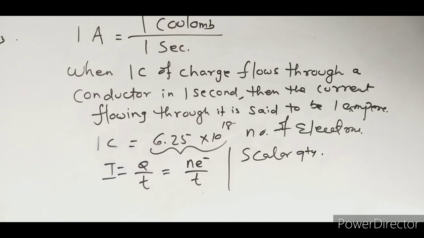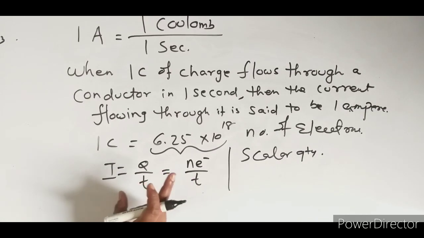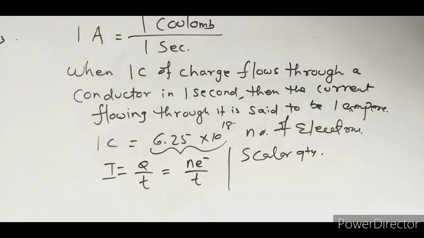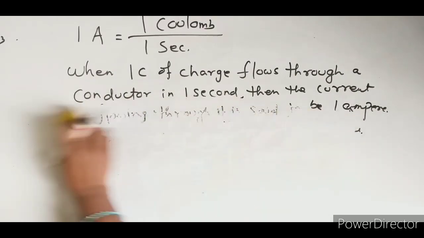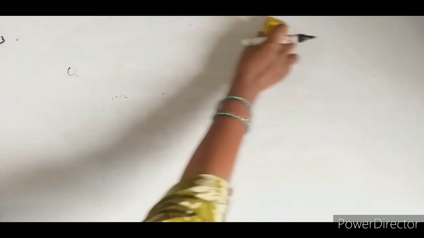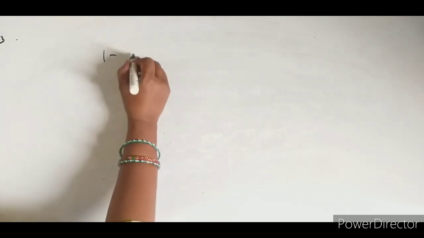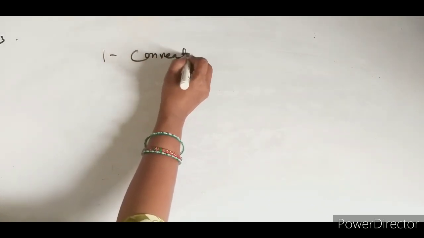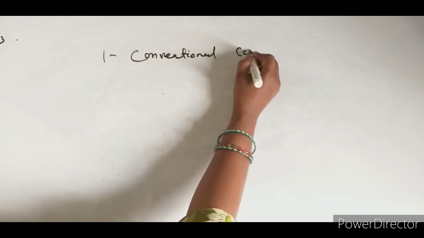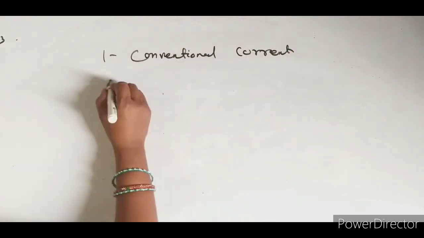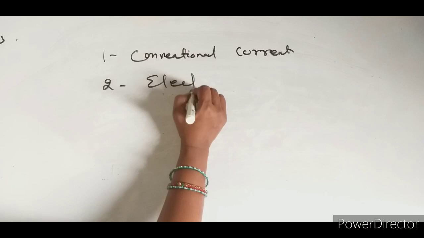This one is a real confusion for the students, because we know when current flows, a number of charges flow. But whenever there is a flow of current, we have two types of current. One is conventional current, another one is electronic current.